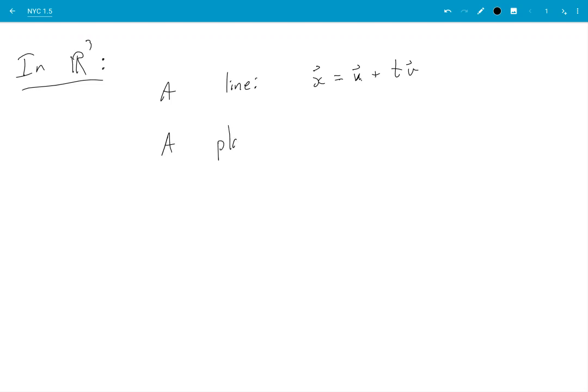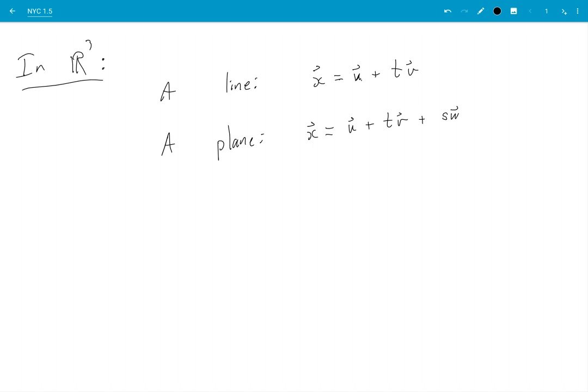Now we're going to have a plane. If you have two so-called direction vectors, x equals u plus tv plus, let's say, s times w.